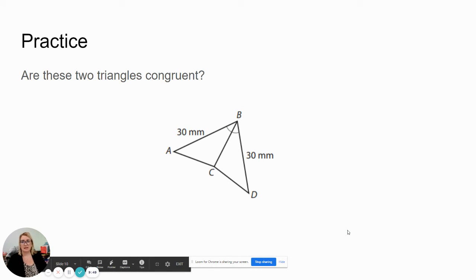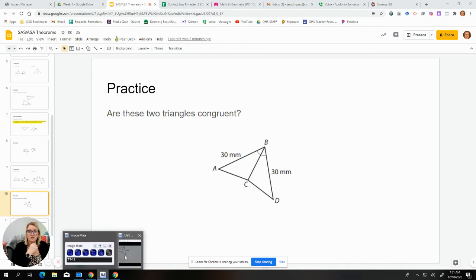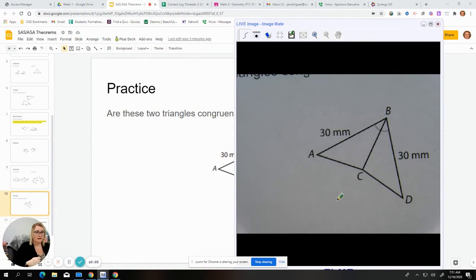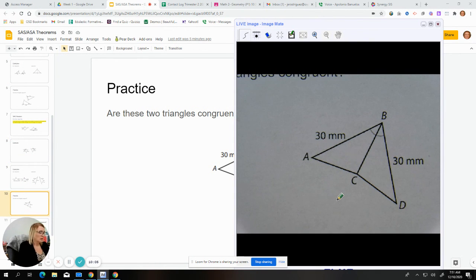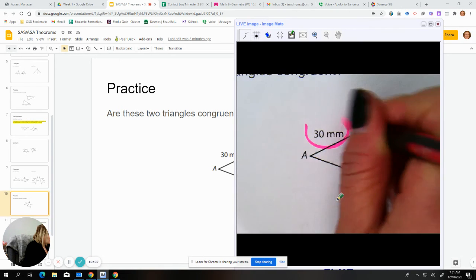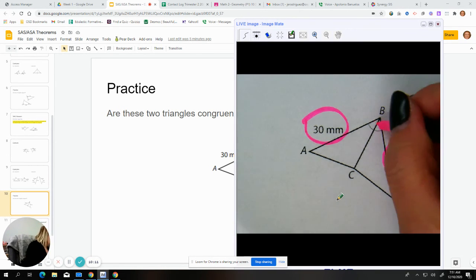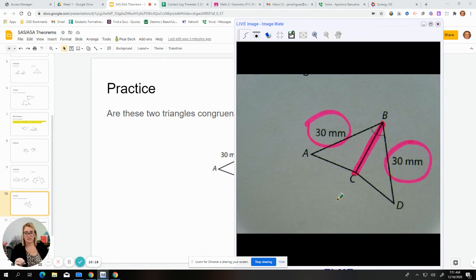This is your practice. See if you can determine using side, angle, side if these are going to be congruent triangles. All right, so your answer should have been yes for that one, but I just kind of want to clarify it really quickly, okay? So we have the 30-millimeter side. And because they share a side, that means it for sure has to be the same.